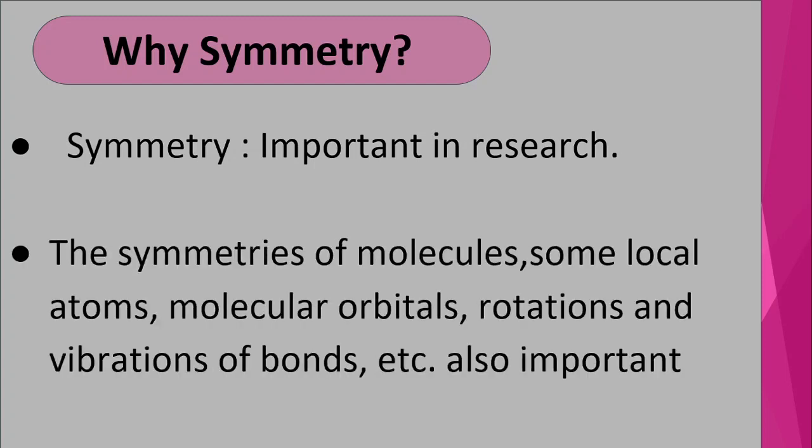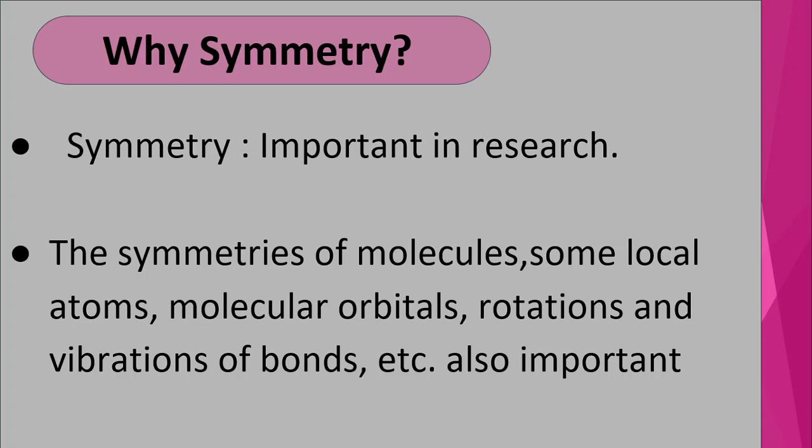The symmetries of molecules, some local atoms, molecular orbitals, rotations, and vibrations of bonds, etc., are also important. Means we can observe some kind of symmetry in the structure of the molecule. For example, if the molecule is square planar, there are four corners in the plane, and we can observe some sort of symmetry in that molecule.